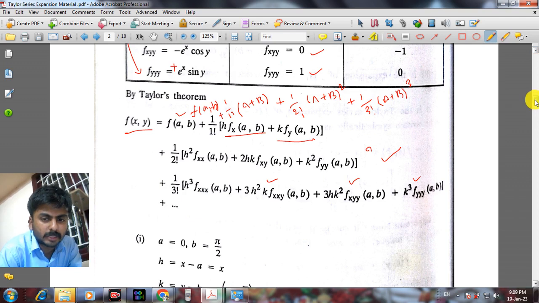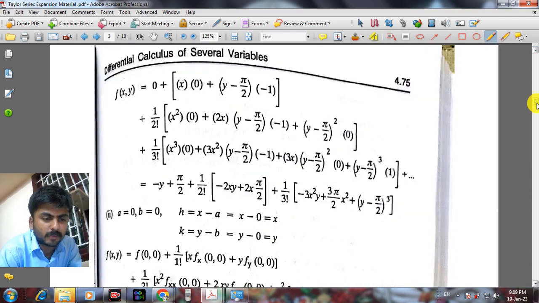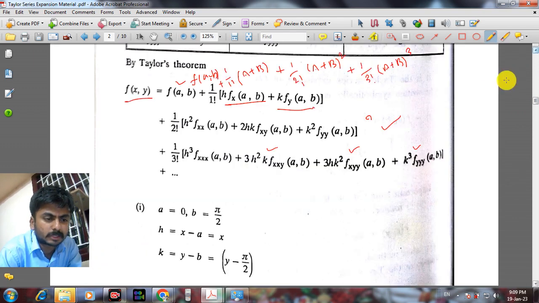For the second question, since they have not given the point about which we want to find the expansion, we have just taken a equal to 0 and b equal to pi by 2. So what is h? Always keep in mind h equal to x minus a, and k equal to y minus b.